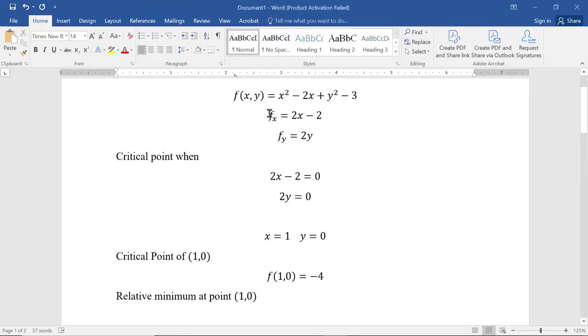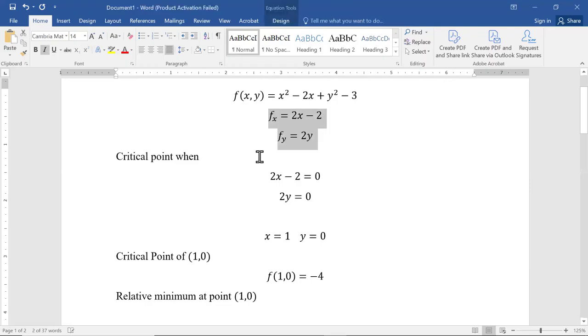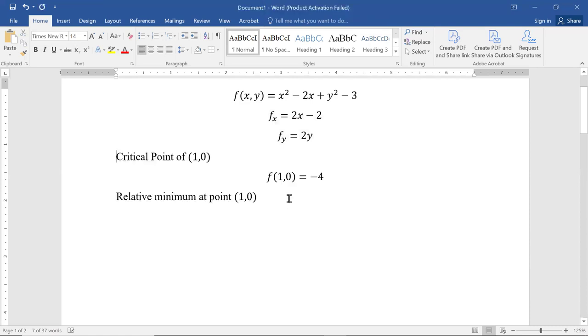If I want to figure out algebraically that that was a relative minimum, we have this critical point. Let's say I didn't have a graphing calculator that can do a three-dimensional graph.